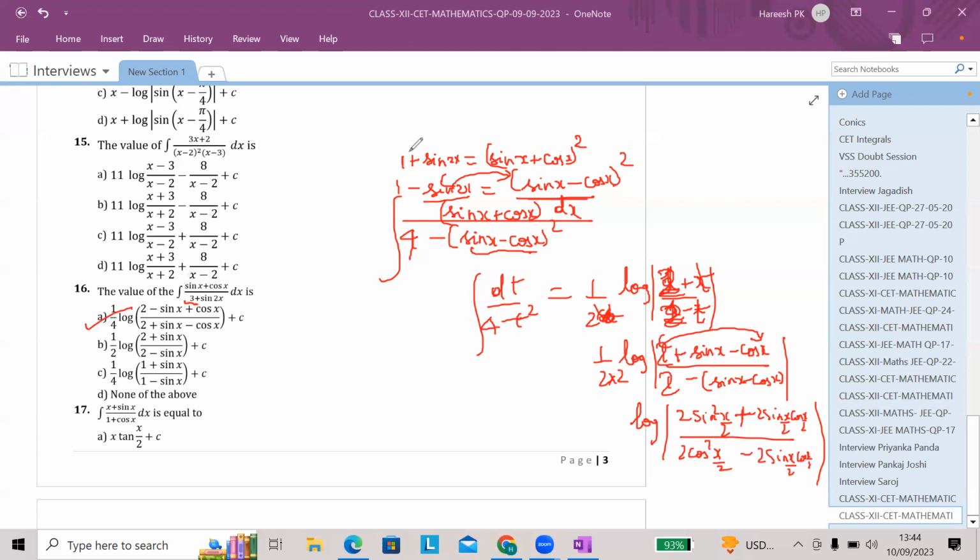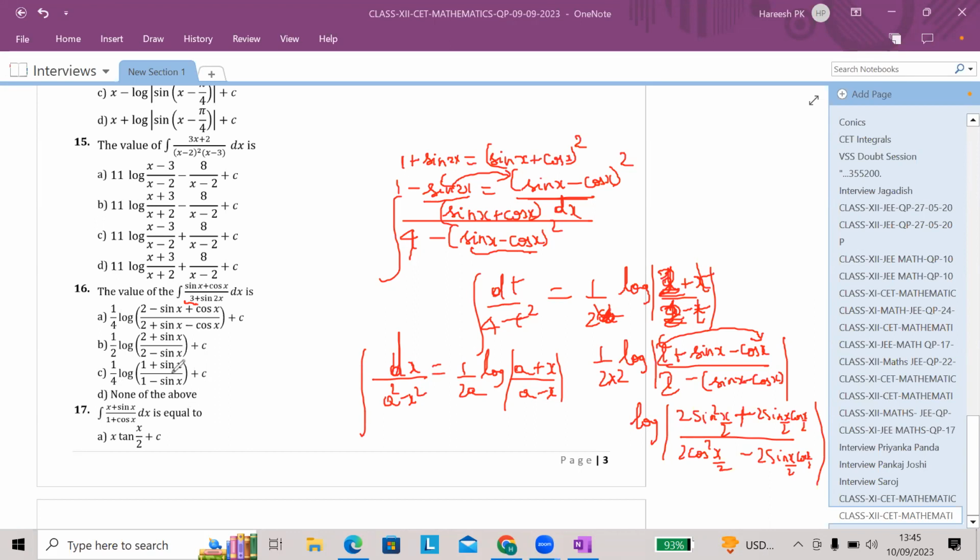I think it is none of these here, right? It has to be the reciprocal of this. So we know that the integral of 1 by a square minus x square is 1 by 2a log mod a plus x by a minus x. So in that way, it's none of these.